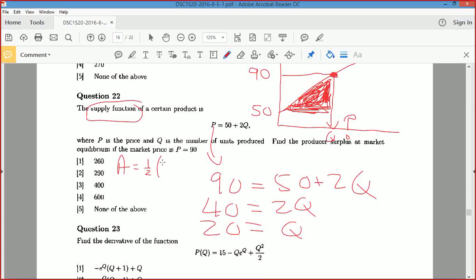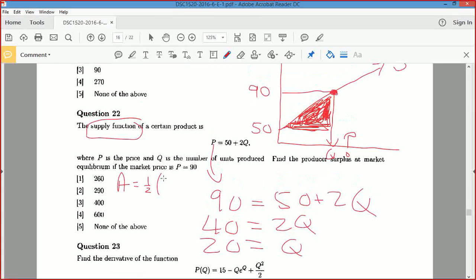Our base is 20. What's the height? It's 40. What's the answer? Half times 20 times 20. 400. There we go. Oh, okay.